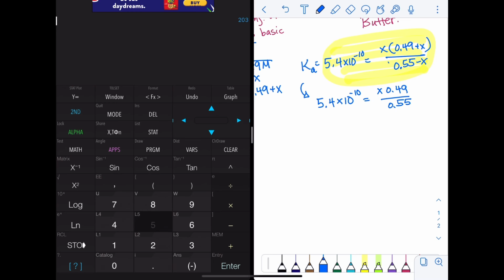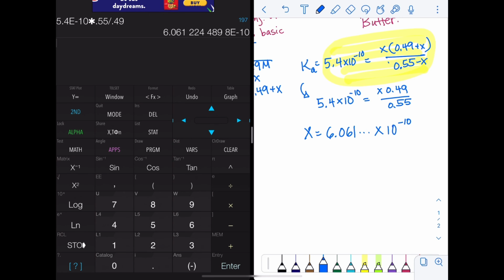All right. So I've got 5.4 times 10. I'm going to use that EE function. It's been a while since I've used this calculator. Oh, there it is. It's the second function here, EE, negative 10 times 0.55 divided by 0.49 equals, and I get that x is 6.061, do not round, times 10 to the minus 10.